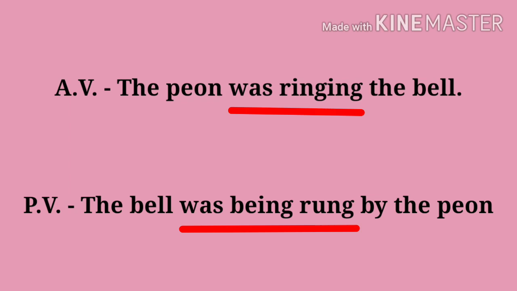The subject, that is the peon in active voice, becomes the object in passive voice, and the object, that is the bell in active voice, changes to the subject in passive voice. So the sentence the peon was ringing the bell in active voice changes to the bell was being rung by the peon in passive voice. So this was how to convert the sentence from active to passive voice if the sentence is in its past continuous form in active voice.